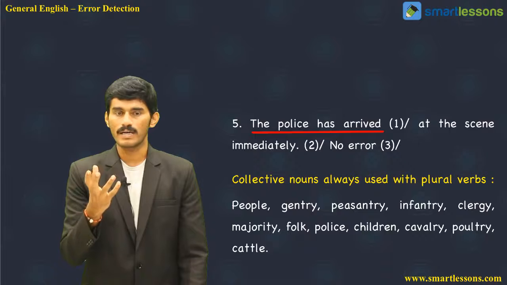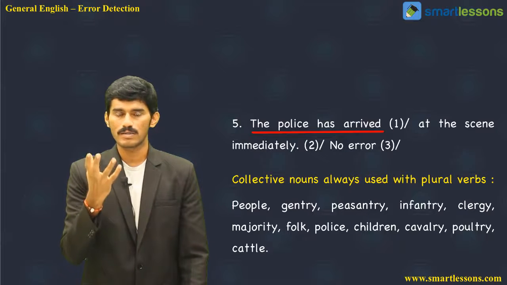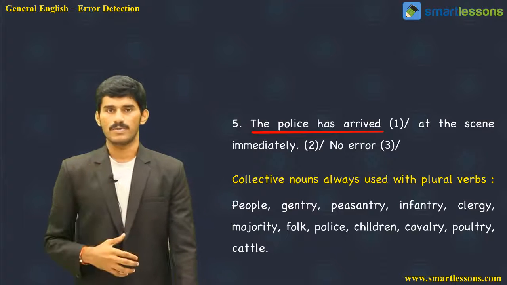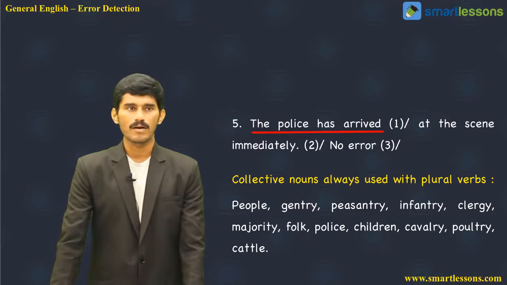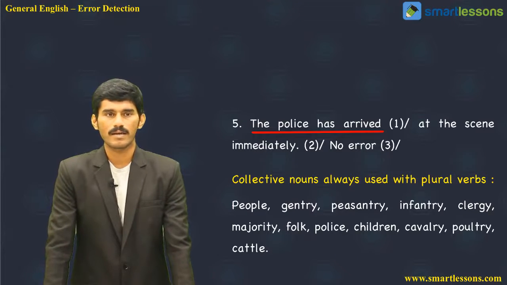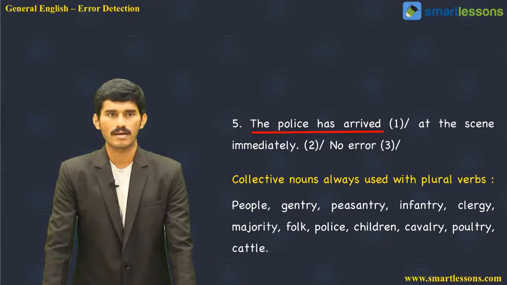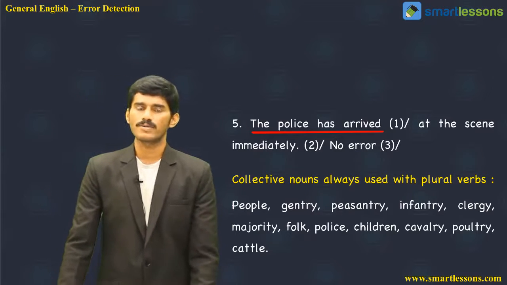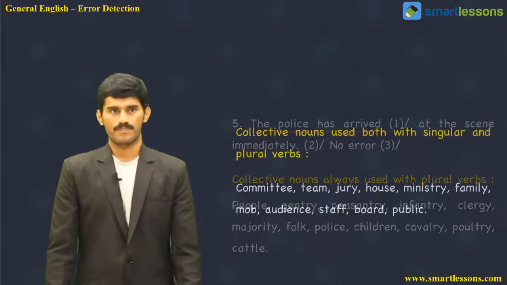If you talk of the individual members of these collective nouns, you have to use a plural verb. Now let's see. People, gentry, peasantry, infantry, clergy, majority, folk, police, children, cavalry, poultry, cattle. These collective nouns are always used with a plural verb.